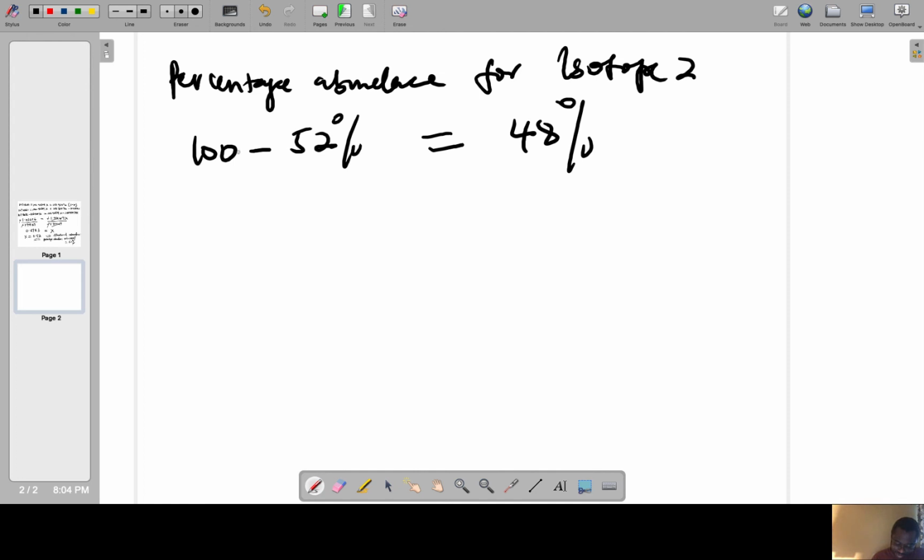So our percentage abundance for isotope 2 is 48%, and for isotope 1 is 52%.